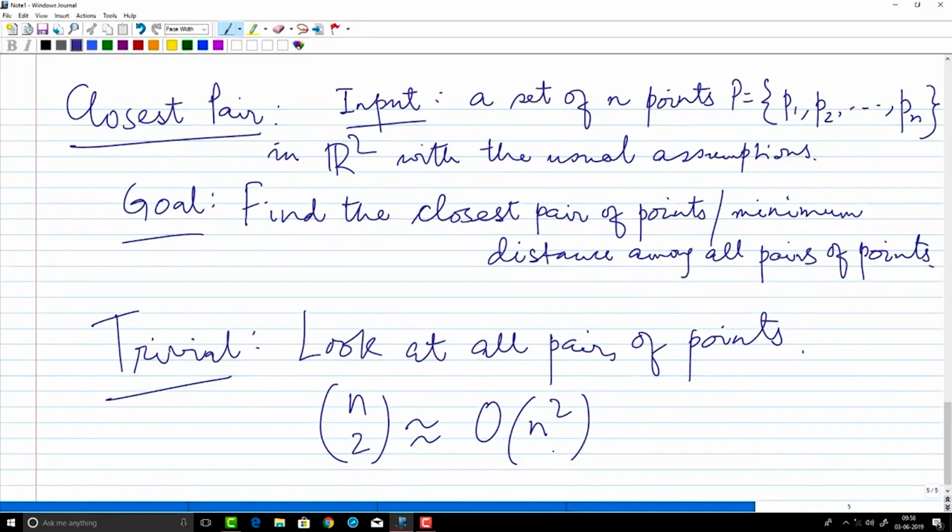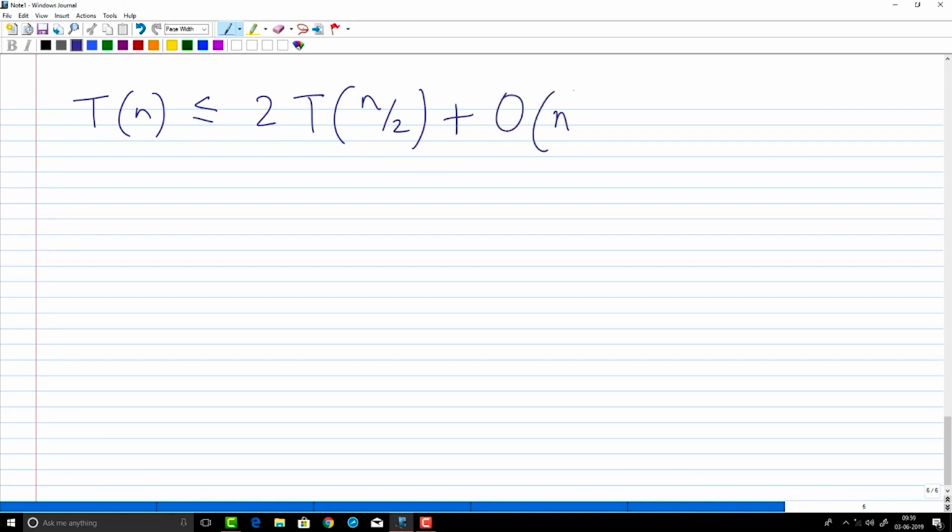So, some idea which I would use from your study of algorithms. Some things which I would assume that you know. I would aim for something like this, right.